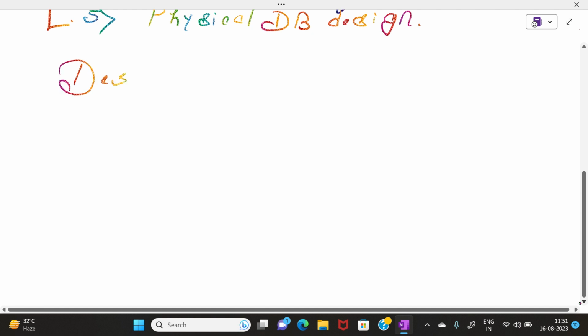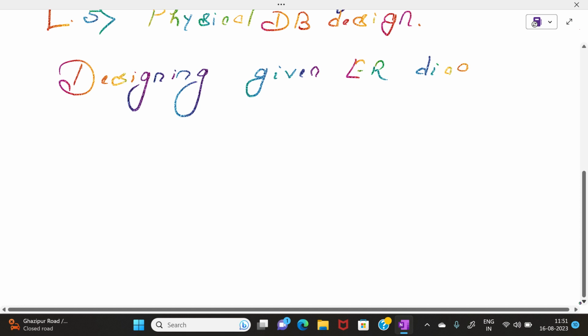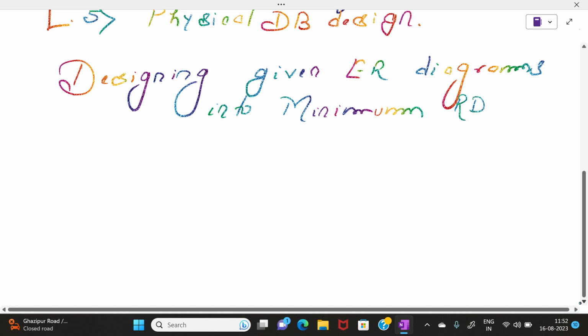So the topic of the day is converting a given ER diagram into the minimum RDBMS tables.